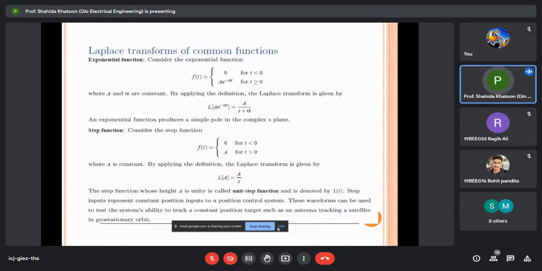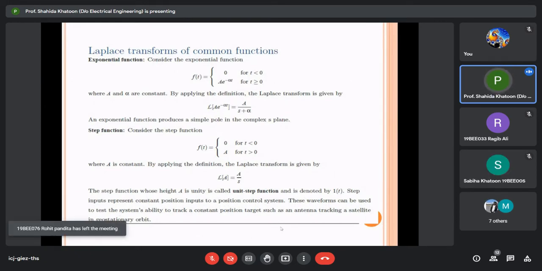So we were doing Laplace transformation review. Let us consider an exponential form. Suppose we have an exponential function like A e to the power minus alpha t, which is 0 for t less than 0, and is positive for t greater than or equal to 0. A and alpha are constants.